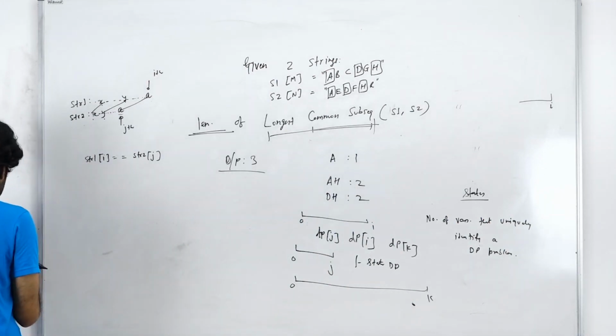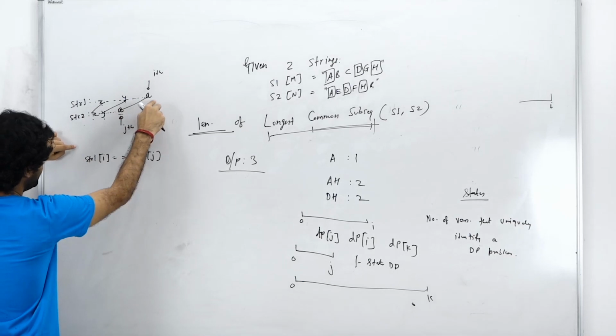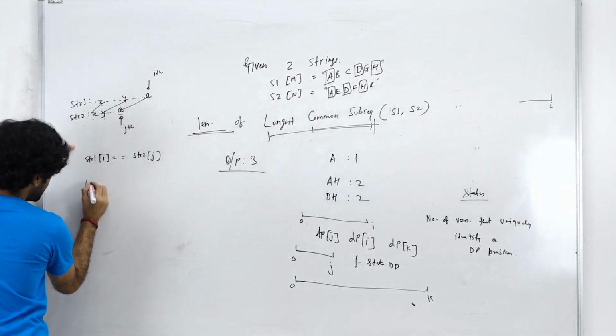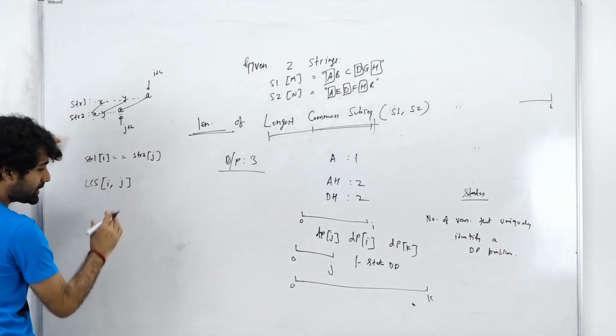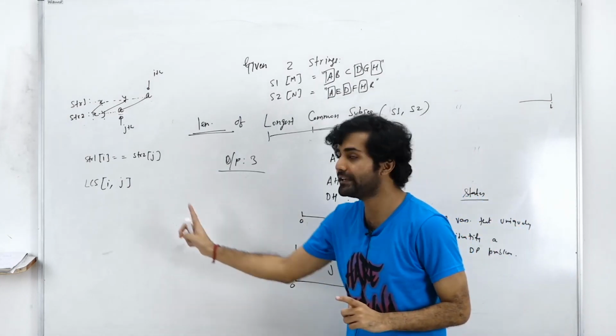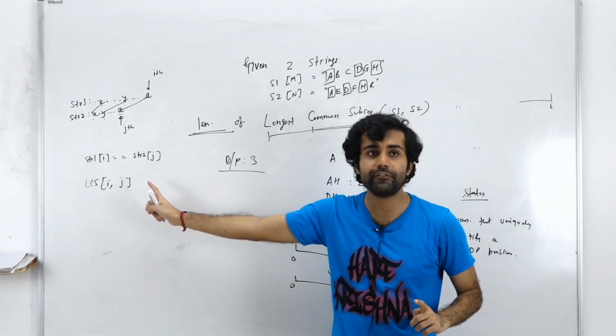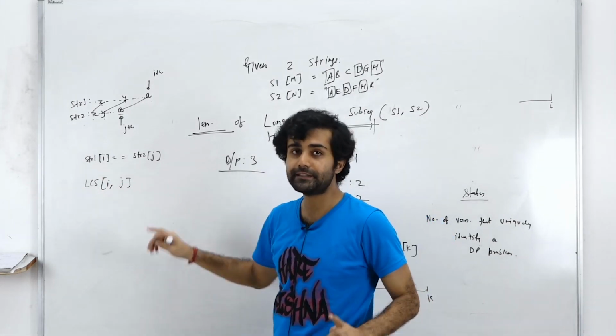Anyways, if you take a look over here, if string i and string j are same, can I say that LCS(i, j)... Now I need to define this thing. See, the most important thing with respect to DP is how do you define your problem? The definition of the problem is very, very important. So I'm going to define it this way.